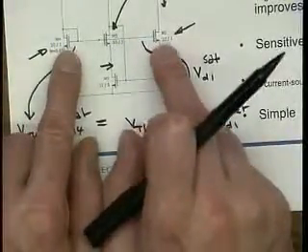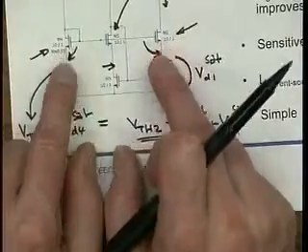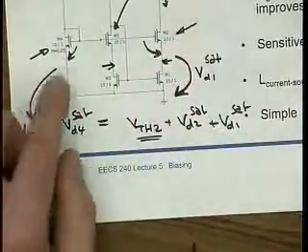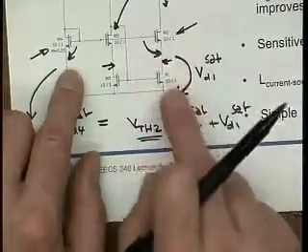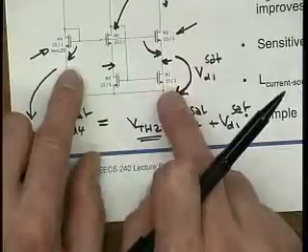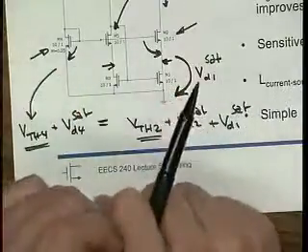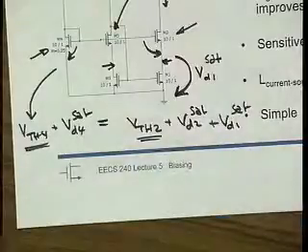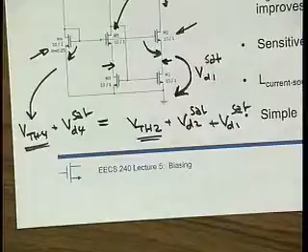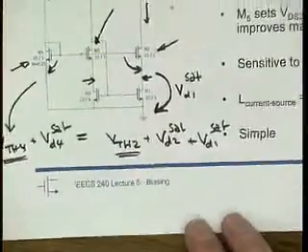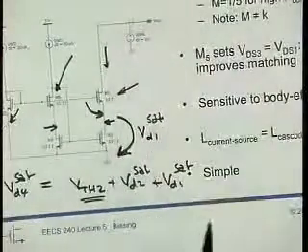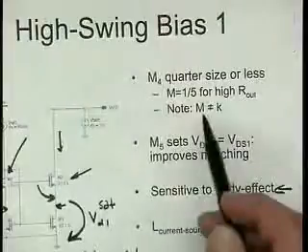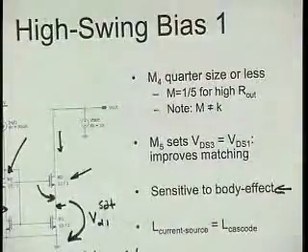But because this guy, M2, has its source at a higher voltage than M4, its threshold voltage will be a little bit larger, and consequently the voltage, VDS, across M1 is actually somewhat smaller than what we would expect. So that's inherently sort of a disadvantage of this circuit, but again, it's not a bigger problem because we can just choose this M4 a little bit smaller than a quarter, typically 1/5 or maybe even 1/6, right?